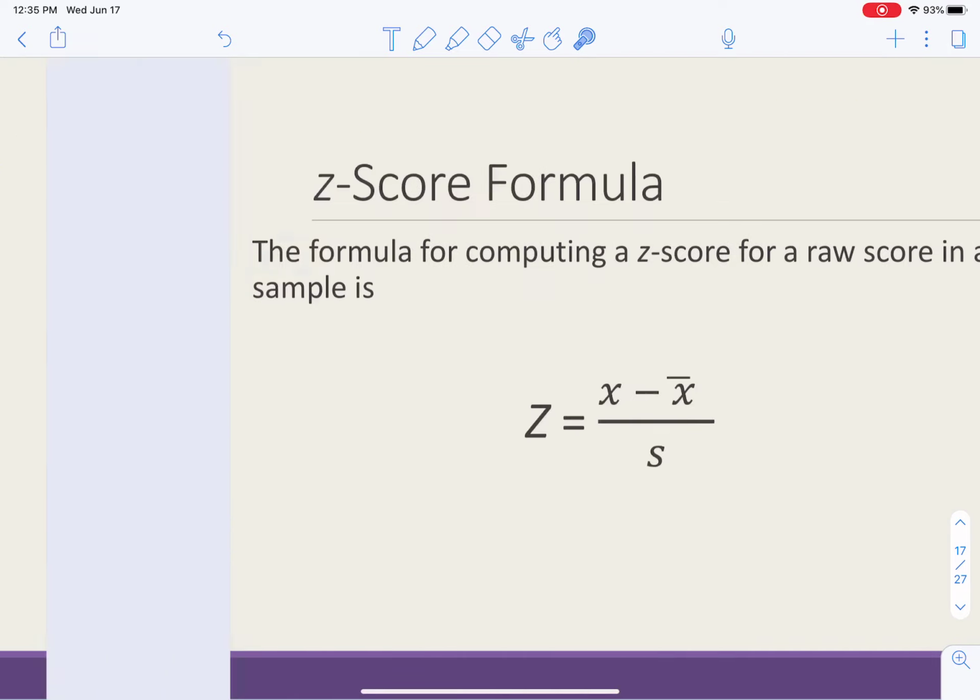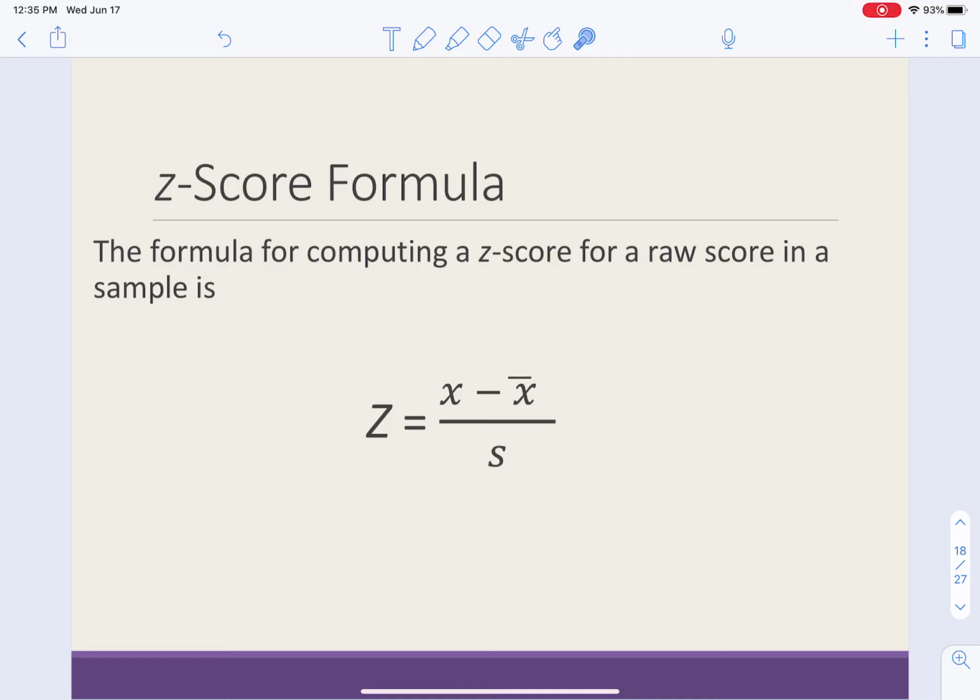All right, but here is the formula for z-score. And just for a clarification, I'm sorry that I could be a little bit more specific here, but this is for a sample, and we know it's for a sample because we have x bar here, so that's the sample mean, and we have s here, that's the sample standard deviation.